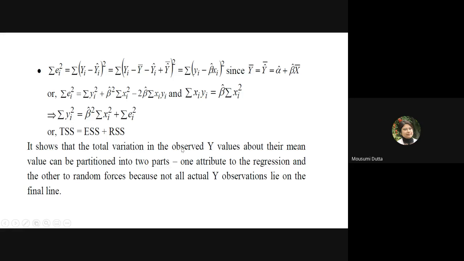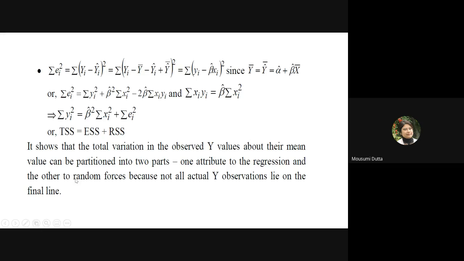This can be partitioned into two parts. One is attributed to the regression, meaning the explained part, the explanatory capacity of the model. And the other is to random forces, the unexplained variation that comes from the random forces.